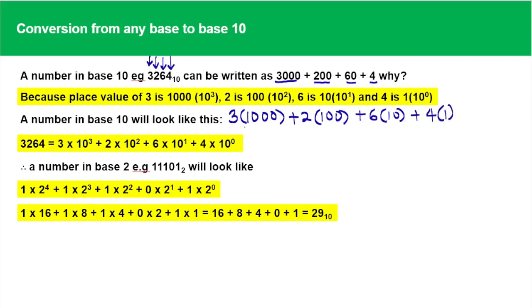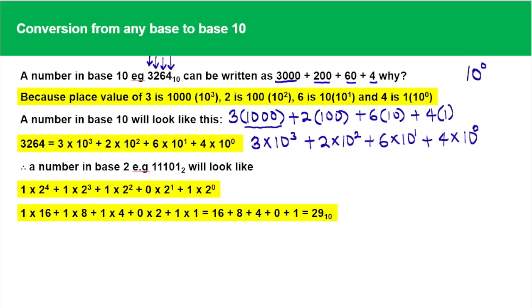Now, if we write these multiples of 10 in index form, we will have 3 times 10 to the power of 3 plus 2 times 10 to the power of 2 plus 6 times 10 to the power of 1 plus 4 times 10 to the power of 0. A quick reminder from the laws of indices, an index with a power of 0 will always be equal to 1. So this 1 in index form can be written as 10 to the power of 0.